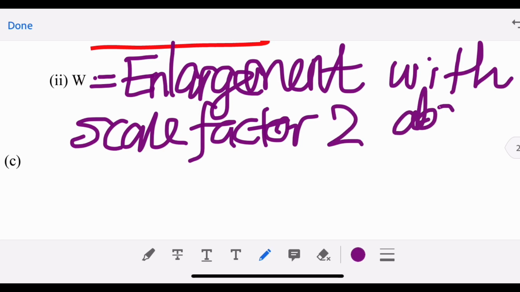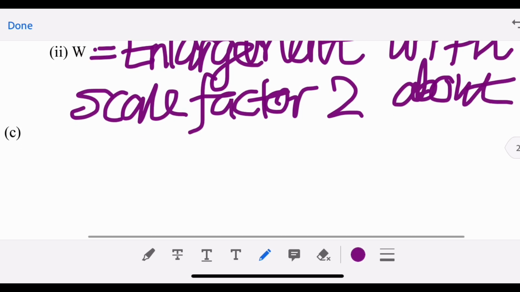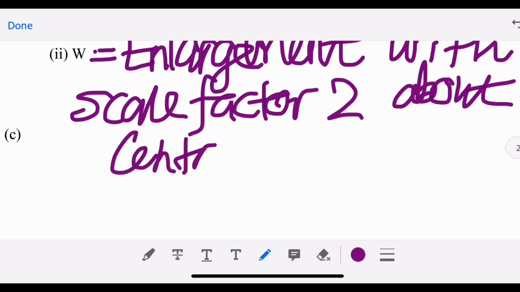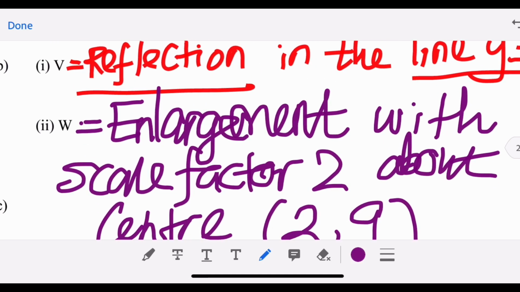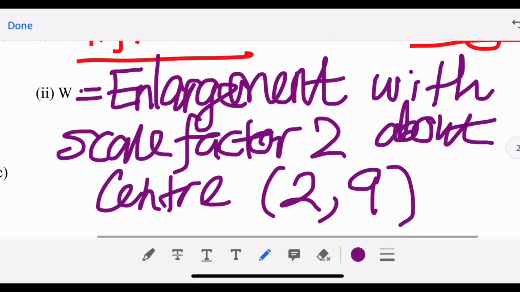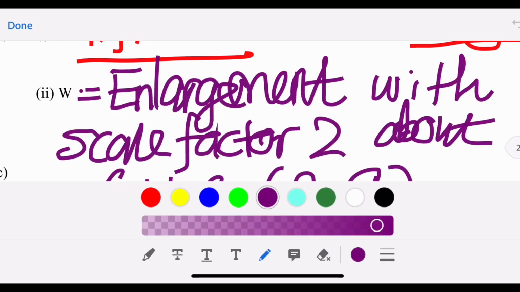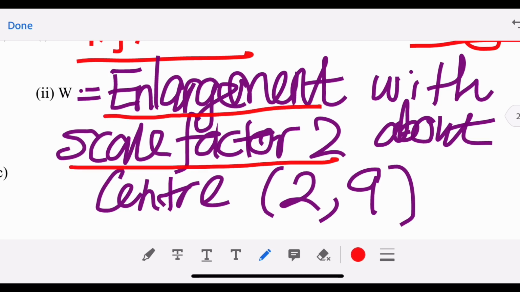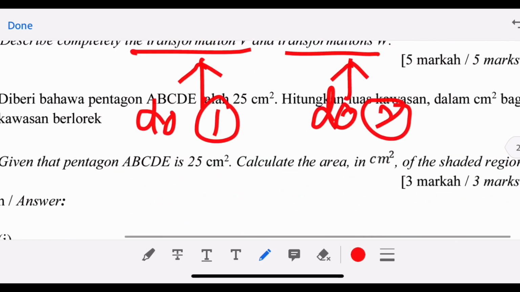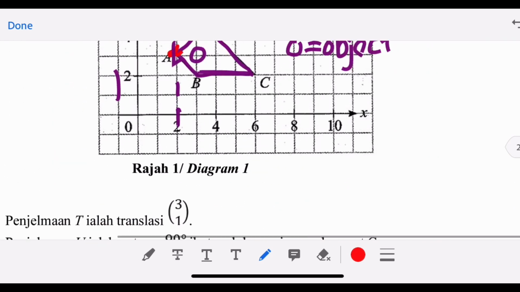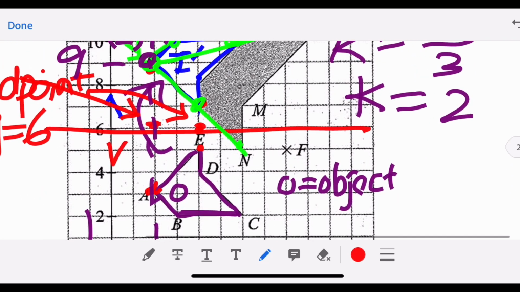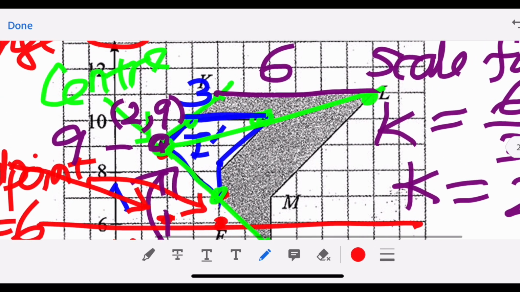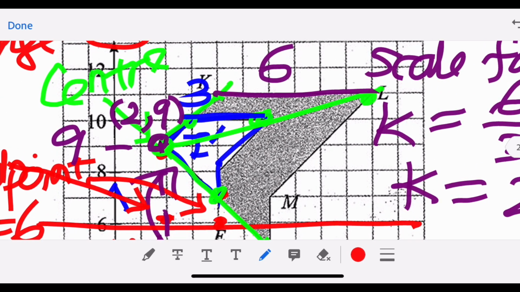And don't forget about the center of the enlargement, which is 2, 9. Then you will get a perfect 3 marks for this. Enlargement, 1 mark, the keyword, followed by scale factor 2. Make sure you write scale factor. You are not allowed to write K. And then center is 2, 9. You will get another 1 mark.